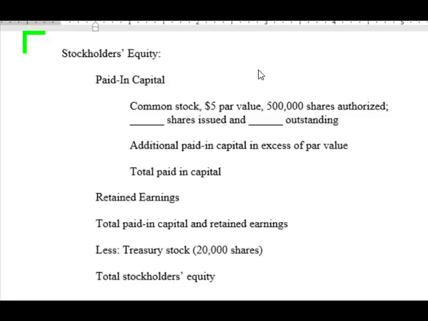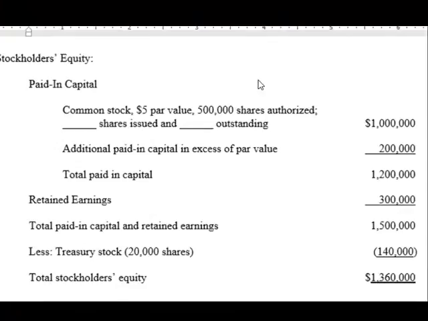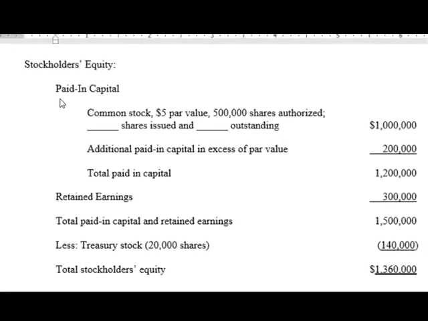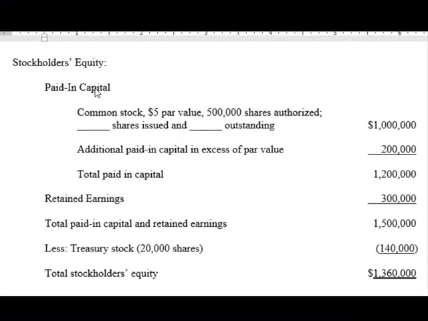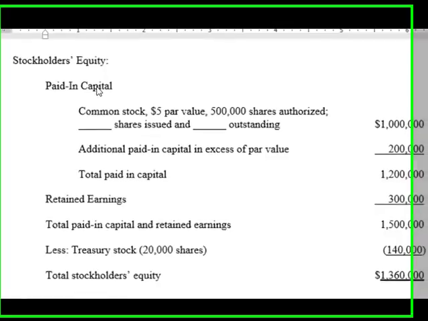We know that the company is authorized to sell up to 500,000 shares, but to find out how many they've actually sold or issued, we need to remember that the dollar amount for common stock always includes just the par value when a company has a par value for its stock, which it does here. So to find the number of shares issued, we'll simply take this $1 million, divide by the $5 par, and our answer of 200,000 represents the number of shares of stock issued.